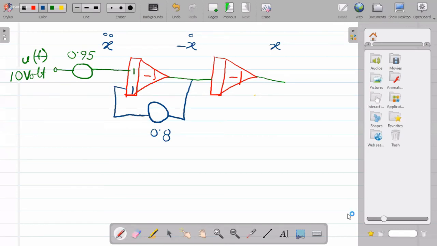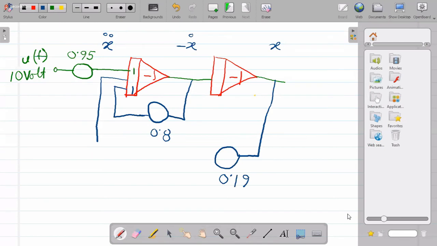Right. And the last one, pardon me for my poor drawing. These electronic boards are very sensitive, so I cannot go for 1.9.